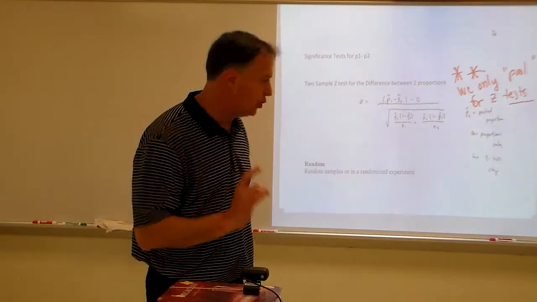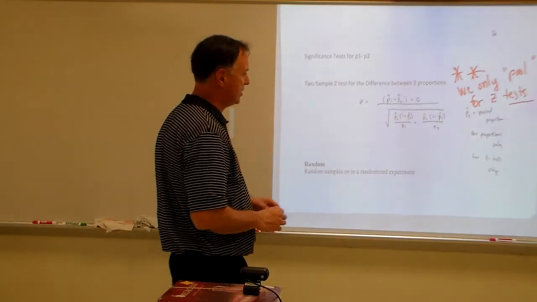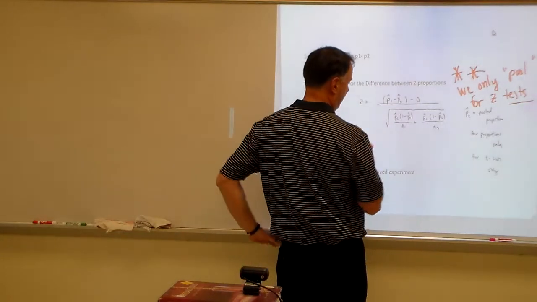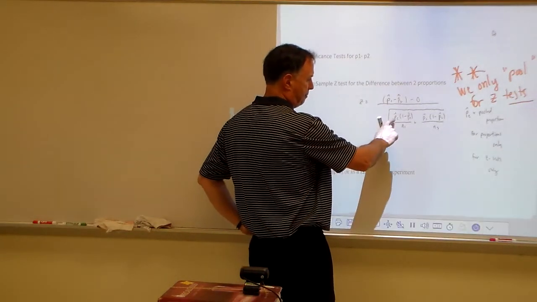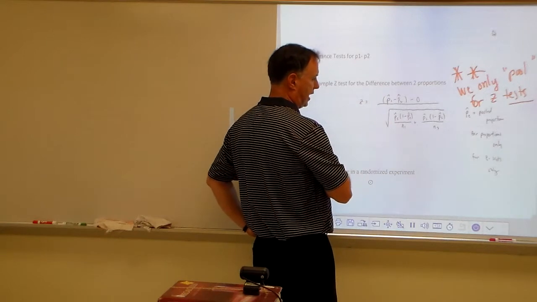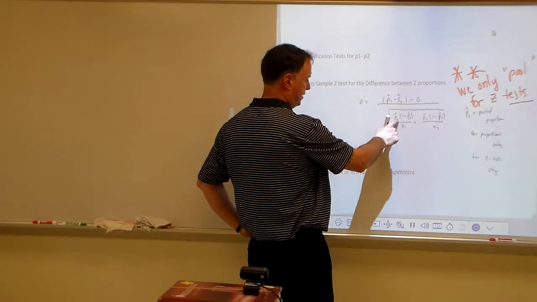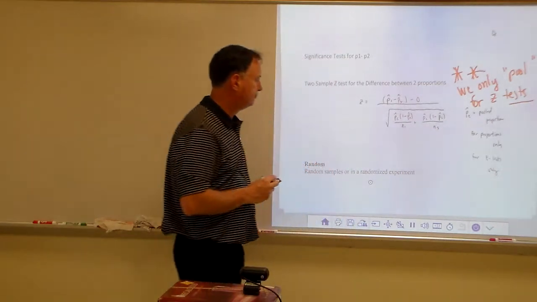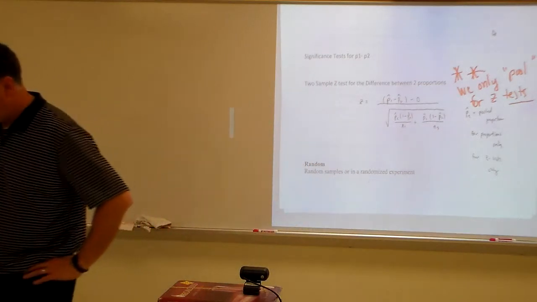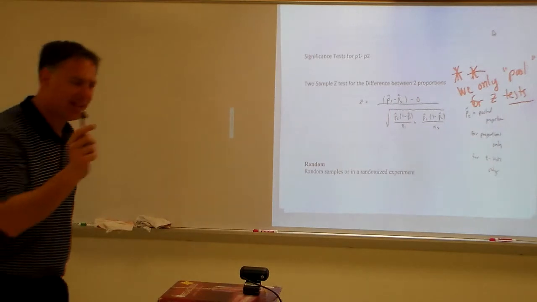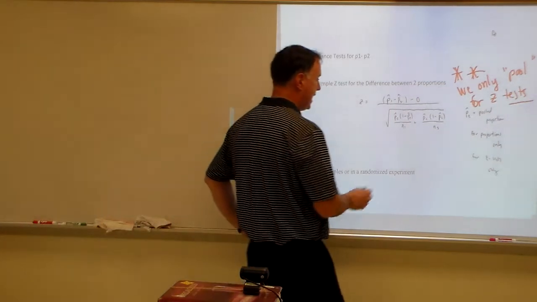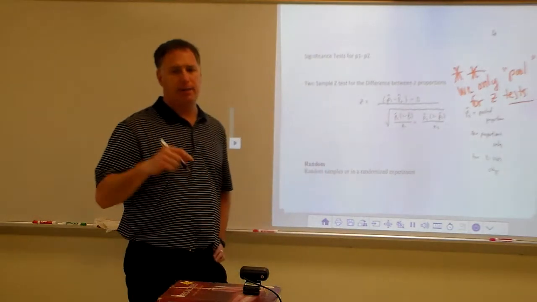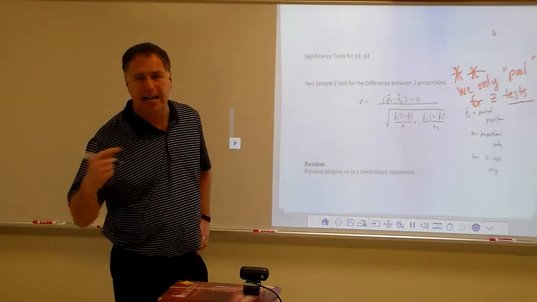It has to do with how we find our standard deviation. If you notice, it's got P hat C. It has to do with our two samples. I think C is there because they didn't want to put PP, so they put PC, which is like combined.